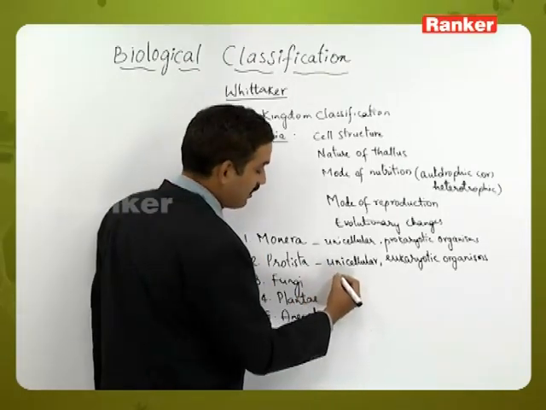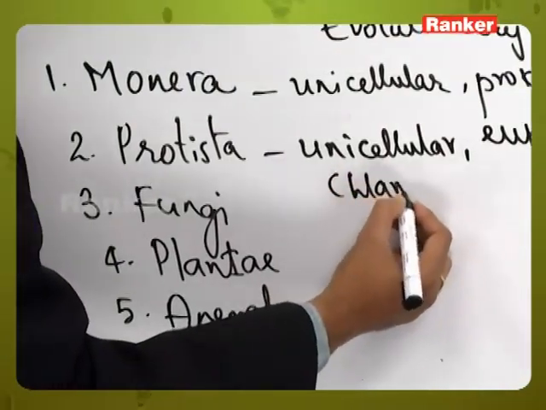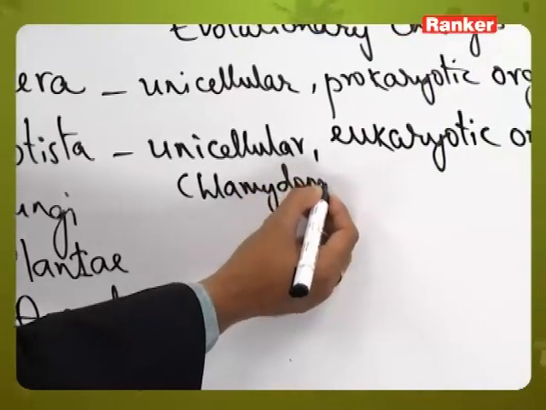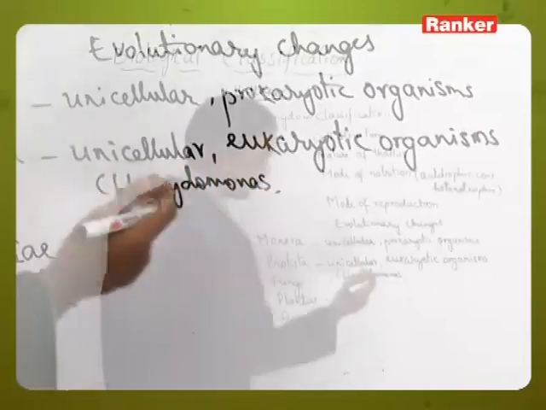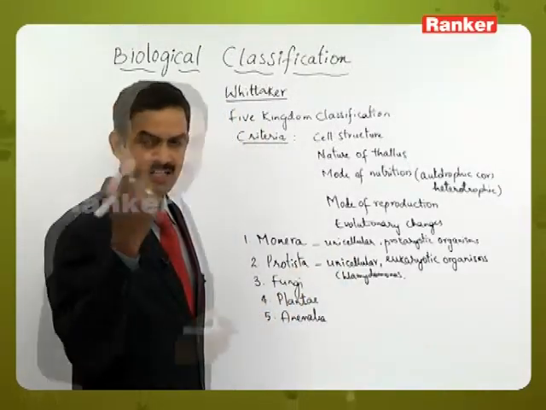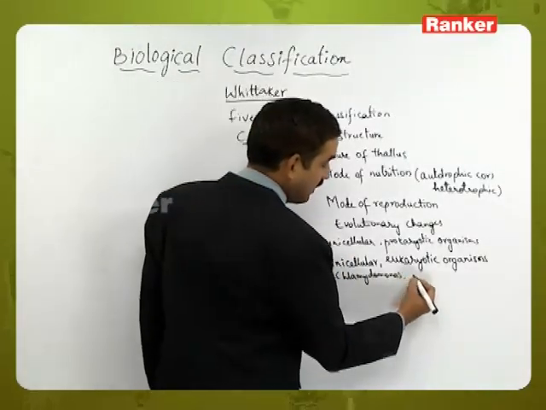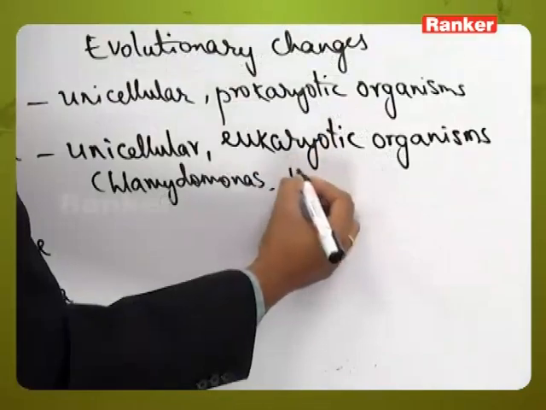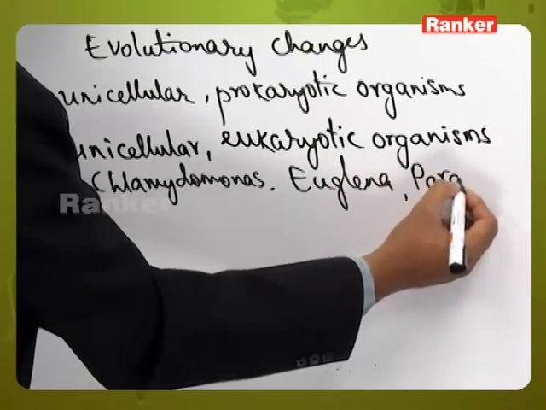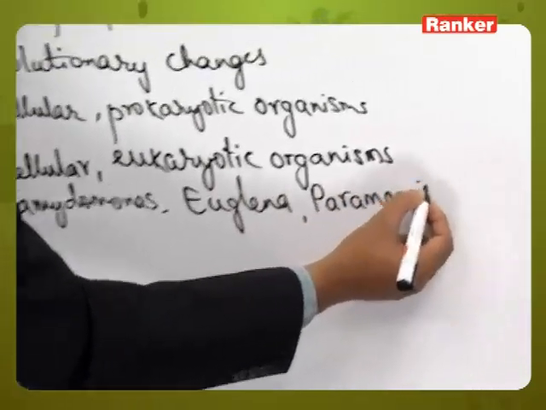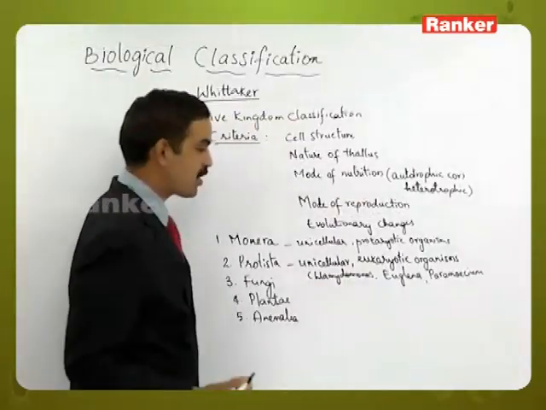For example, Chlamydomonas, which was a part of Plantae in the 2 kingdom classification, and Euglena, which is an animal. Paramecium is also an animal, which is unicellular and eukaryotic in nature.